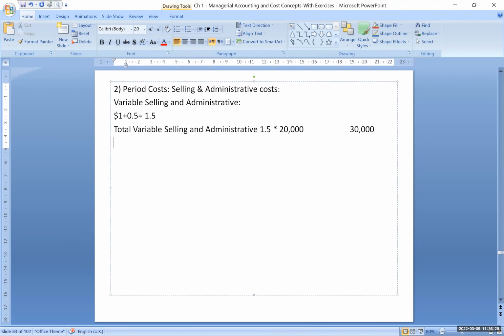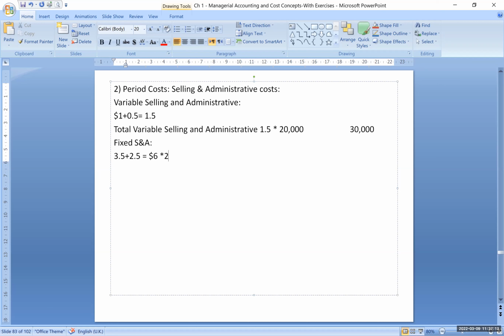According to the question, we have fixed selling for 3.5 per unit, fixed administrative 2.5 per unit. Fixed selling and administrative: we have 3.5 fixed selling, we have 2.5 fixed administrative, and the total will be $6. Multiply by how many units do we have? 20,000 units.